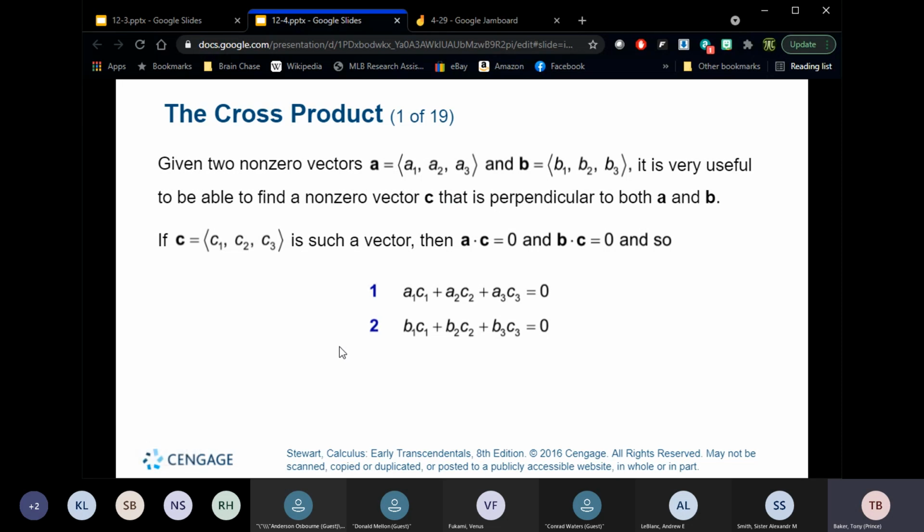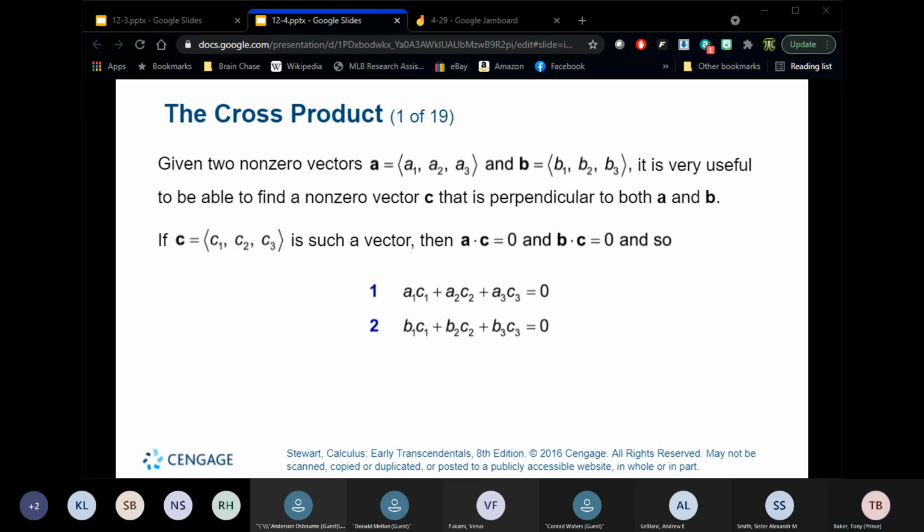So cross products are going to take our two vectors and we're going to multiply them in a way that's going to get us an actual another vector. One of the use cases of doing the cross products is it'll allow us to find a vector that is perpendicular to both of the two vectors that we're looking at.